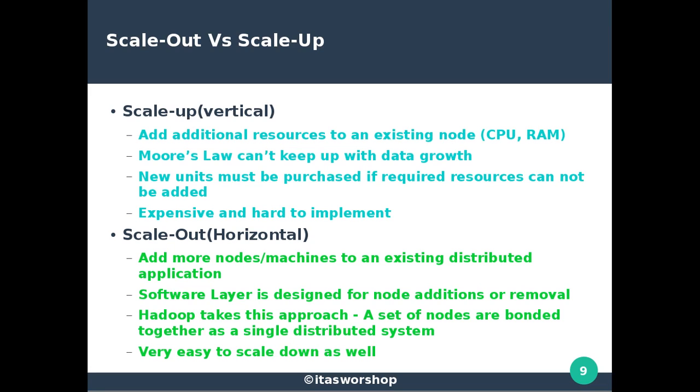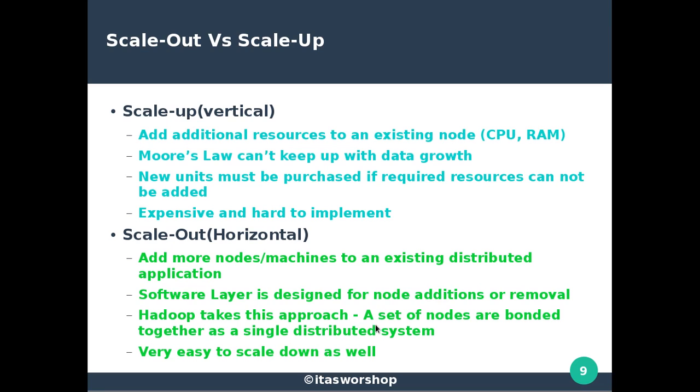You don't need a much more powerful machine, and anytime you can decide whether to remove some nodes or add some nodes. The software layer is designed for node additions or removal. So if you are adding nodes to your system, it won't stop your application from performing any task. You don't need a replacement. You just add the servers, you just add the nodes, and your work is done.